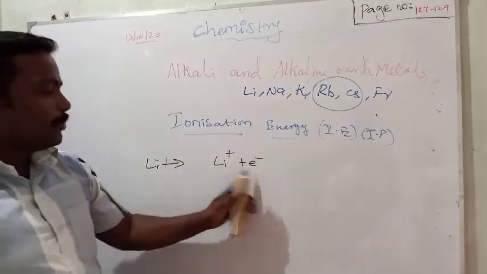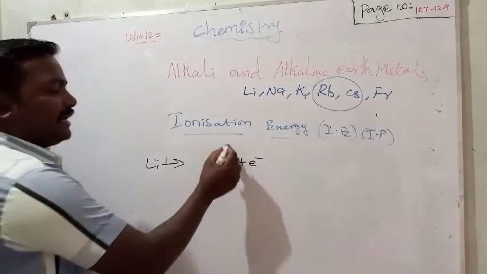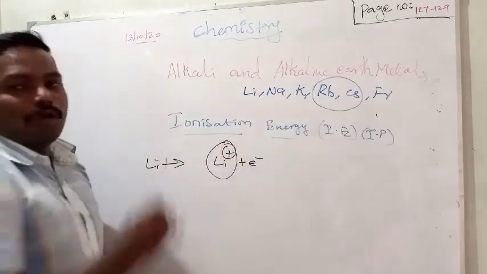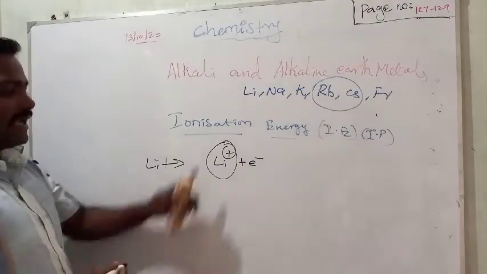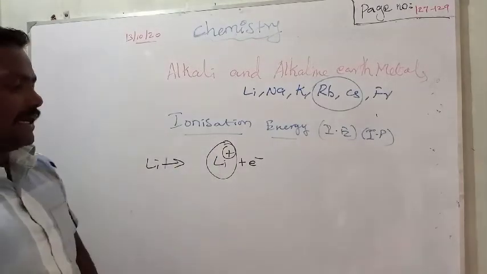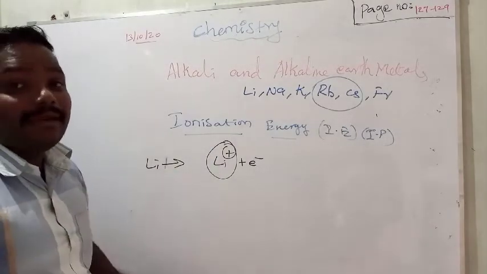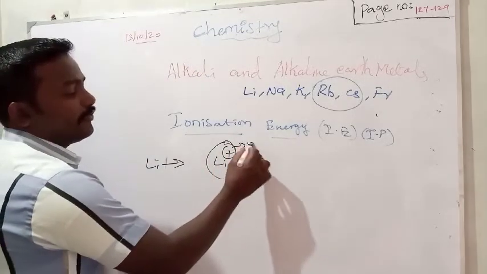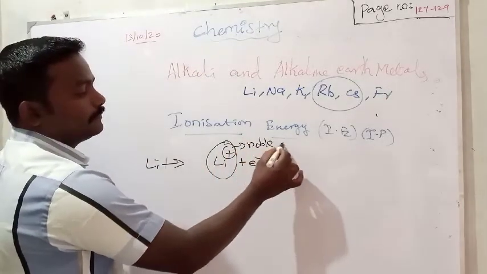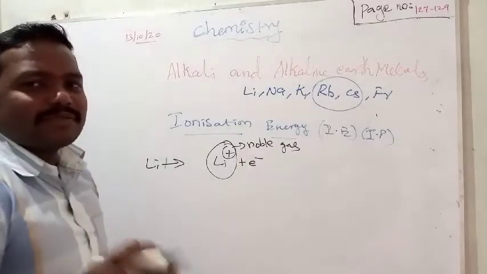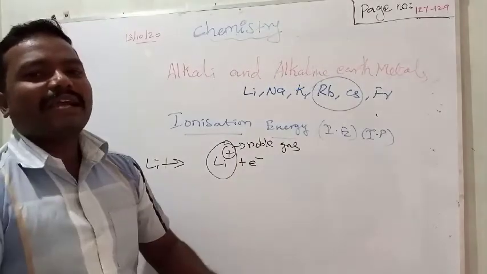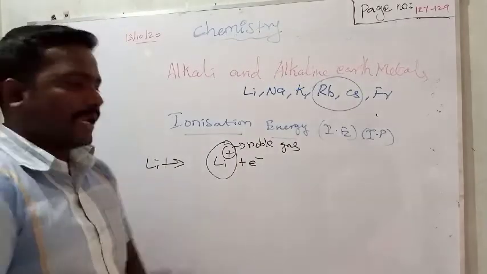One electron is removed from the lithium atom. Because of that, it already has a monopositive character, and so it attains noble gas configuration. Noble gas means more stable. From that we cannot easily remove an electron.